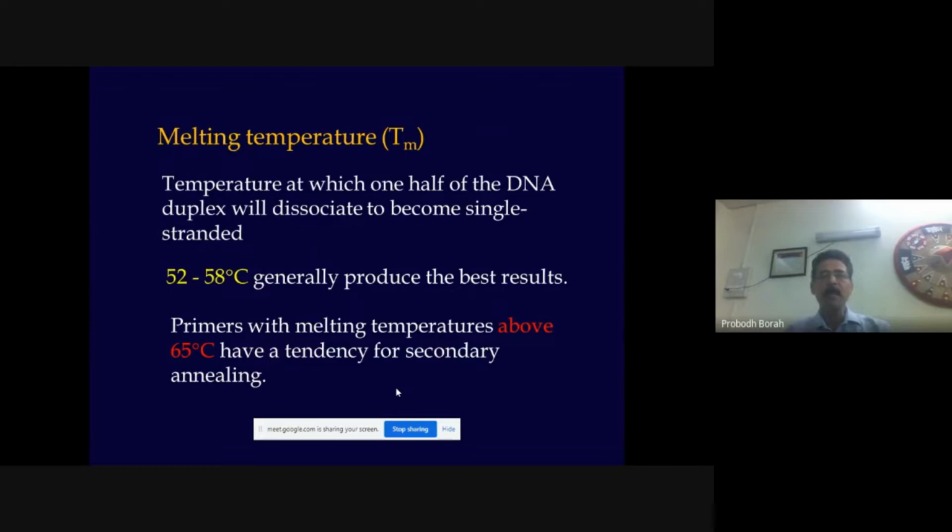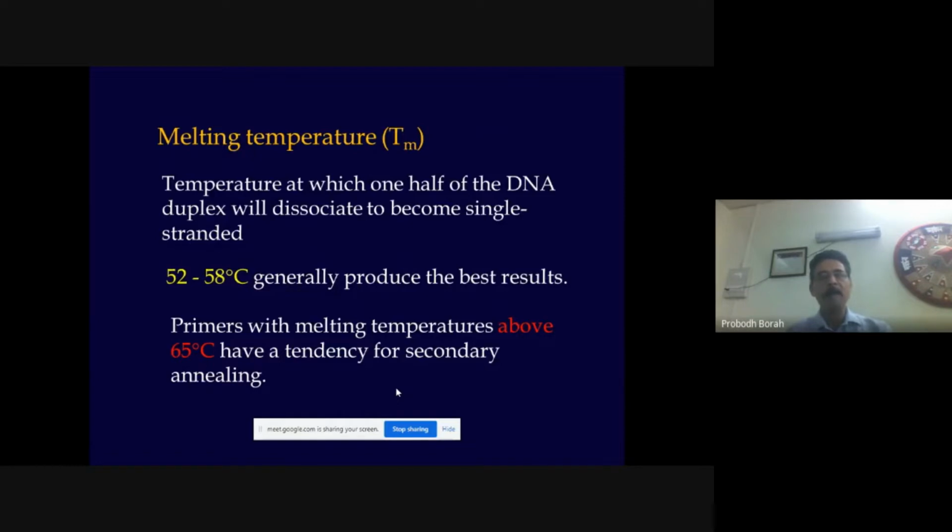So to make the duplex between the primer sequence and the target sequence, we must have a suitable temperature, because higher the temperature, more will be the tendency to dissociate, because the hydrogen bonds between the nucleotides will be broken.